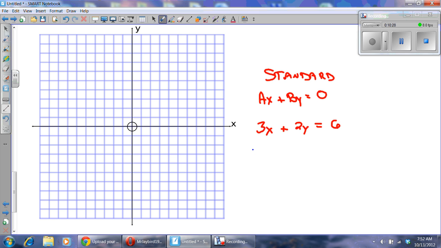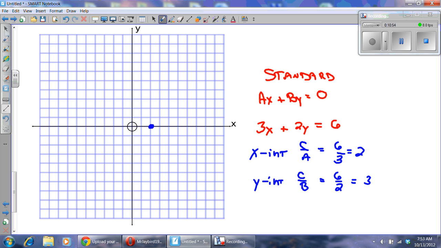I know the x-intercept is found by doing c divided by a. C is 6, a is 3. The x-intercept occurs at 2, right there. The y-intercept occurs at c over b, which will equal 6 over 2, or 3.